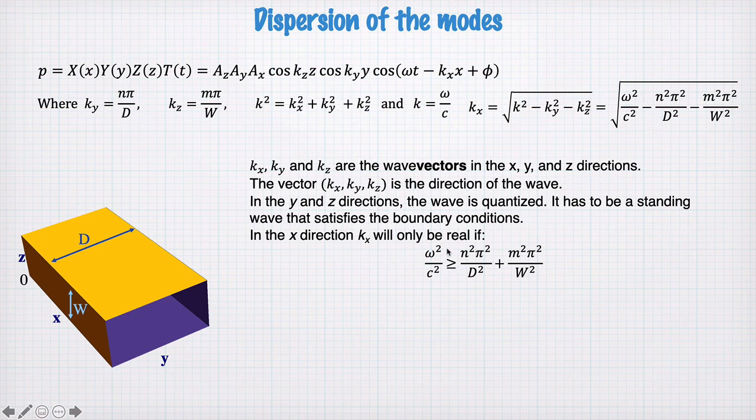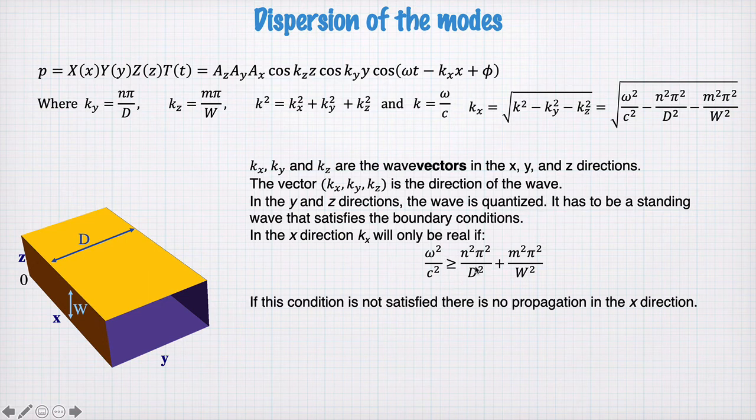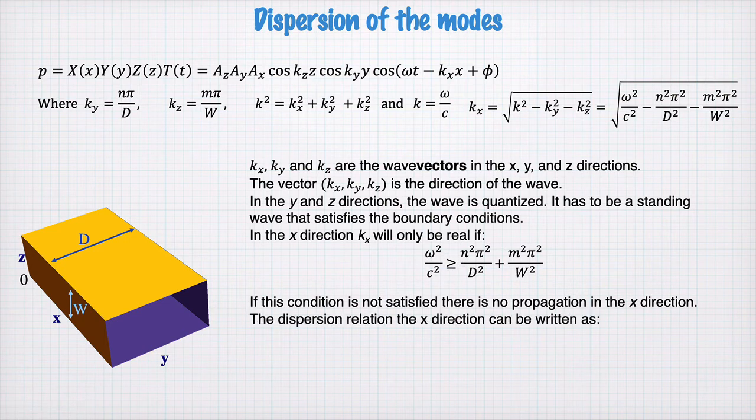So if you want to launch a higher order mode with n or m or both being non-zero, you need to have a high enough frequency to support those modes. For n and m equal to 0, that doesn't matter. You can have as low a frequency as you like. But for modes where n and m are non-zero, you need a particular frequency before those modes are actually allowed. If omega is not greater than this, then there is no propagation of that mode in the x direction.